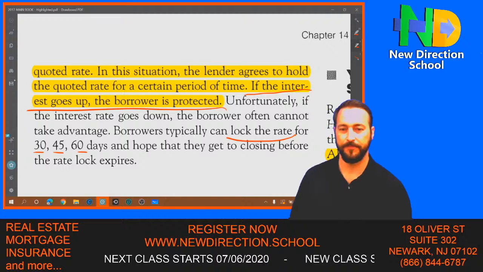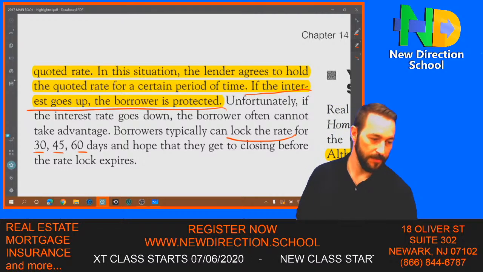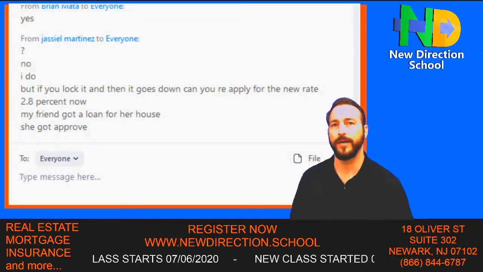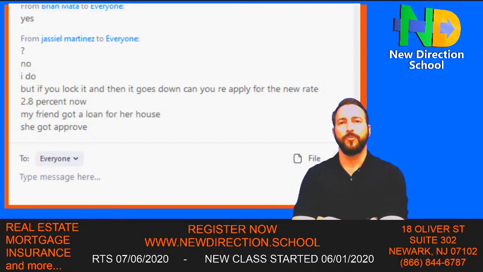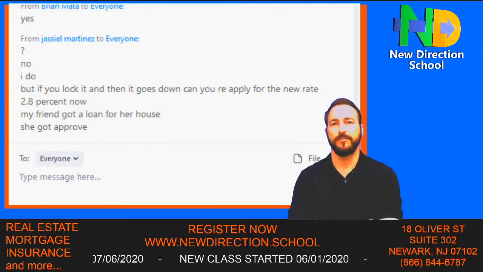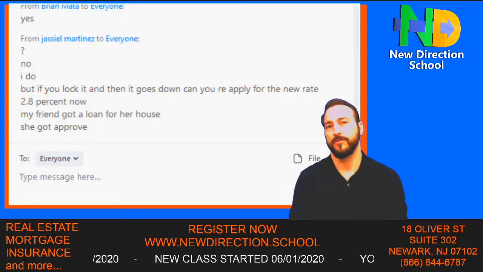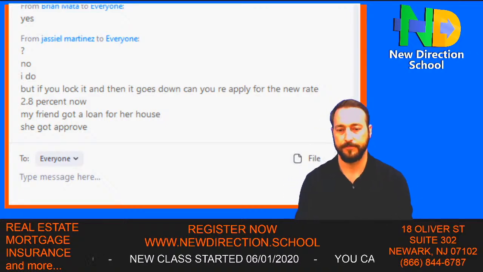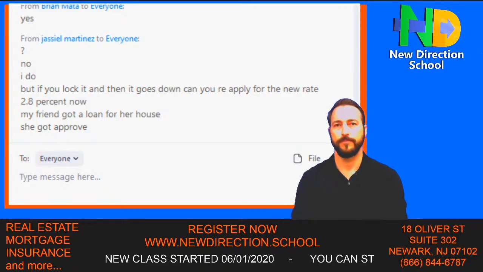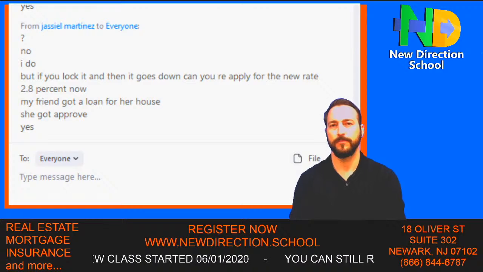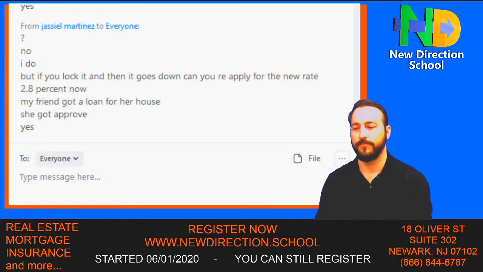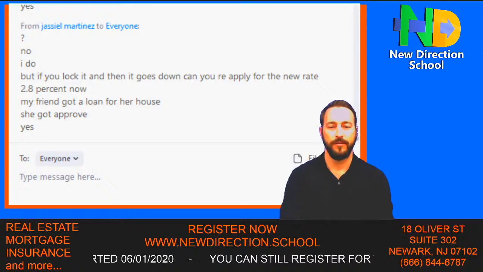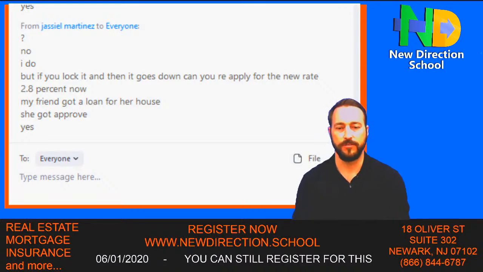Jessiel? Okay. What do we got here? Oh, you wrote something. Okay, hold on. 2.8% now. My friend got a loan for her house and she got approved. Great. Did she close? She did? Okay. When did she start looking for houses?